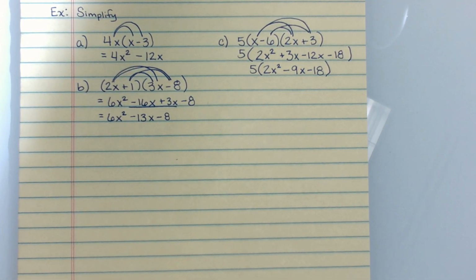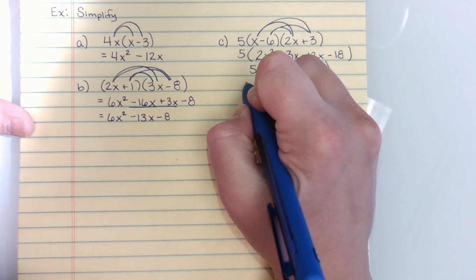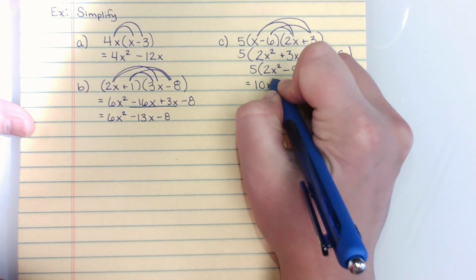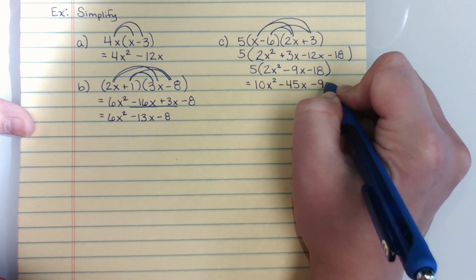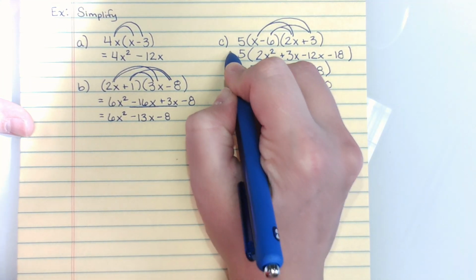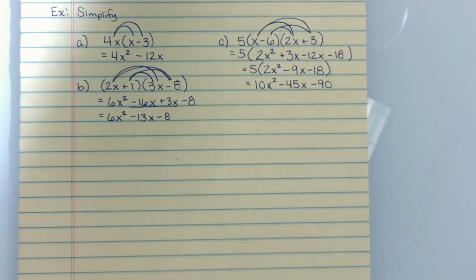Far too many people only multiply the 5 by the 2x squared and then stopped. Distribute it all the way in. 10x squared minus 45x minus 90. Please do make sure to distribute all of that through.